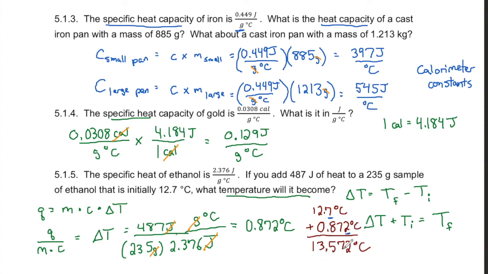But of course, it doesn't make sense that we would know this temperature so precisely when we didn't know the original temperature that precisely. We only knew it to 1 past the decimal. So this has uncertainty both 1 past the decimal and 3 past the decimal. So we should round this to 13.6 degrees Celsius as our final temperature.